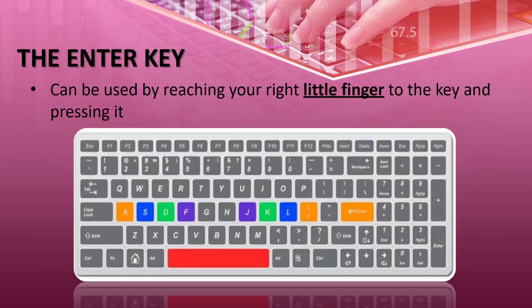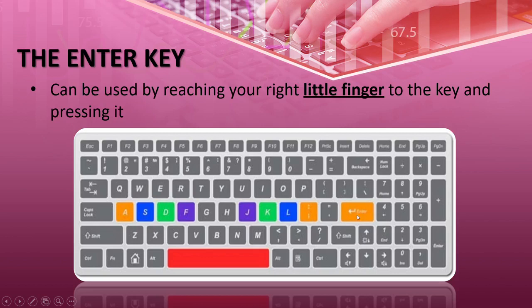Now see the enter key. You can see here this is our enter key. Which color does it indicate? Yellow. And yellow color, which finger? Little finger. So the enter key is pressed by the little finger. But which hand? The enter key is on the right hand side of the keyboard, right?